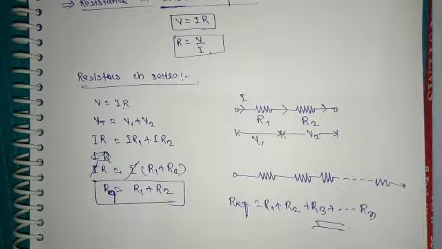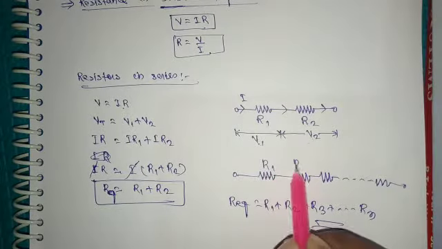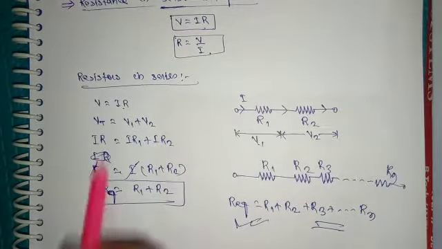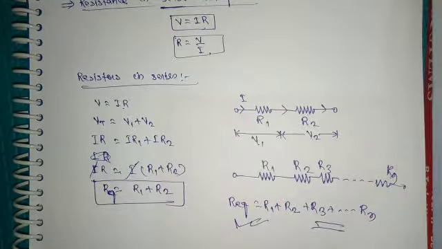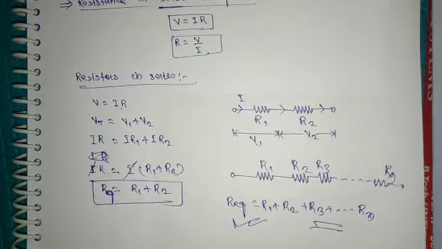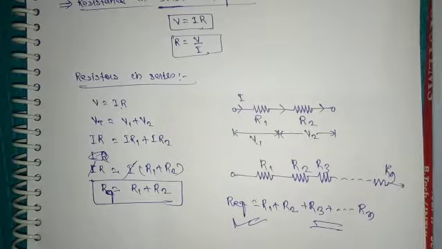We already derived this for two resistances connected in series, R1 plus R2, and for n resistances all connected in series we write R1 plus R2 plus R3 up to Rn.